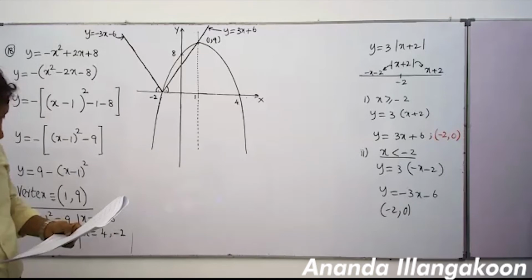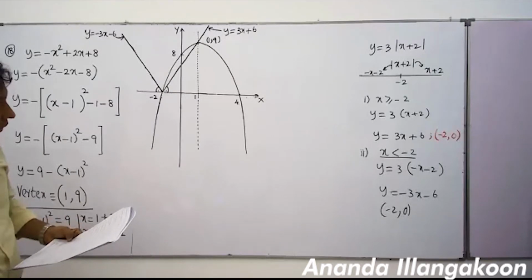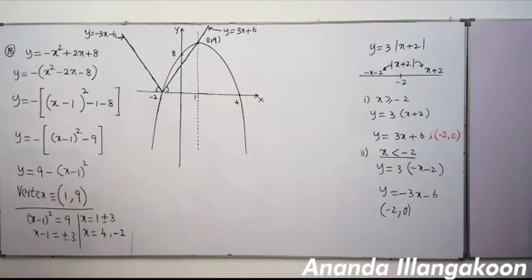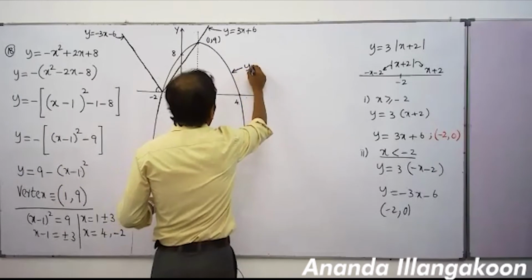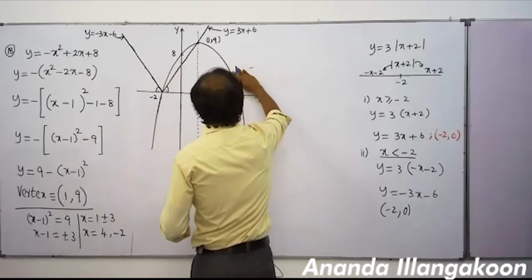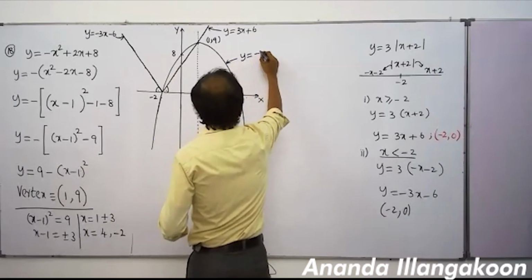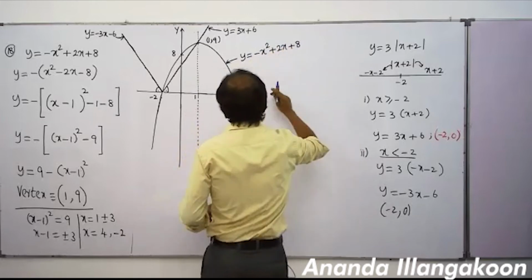Okay, now asking questions like this. Find A and B so that the equation this and this have the solutions x equals 4 and minus 2. Right. It's a good question here. The equation of this graph is y equals minus x squared plus 2x plus 8.